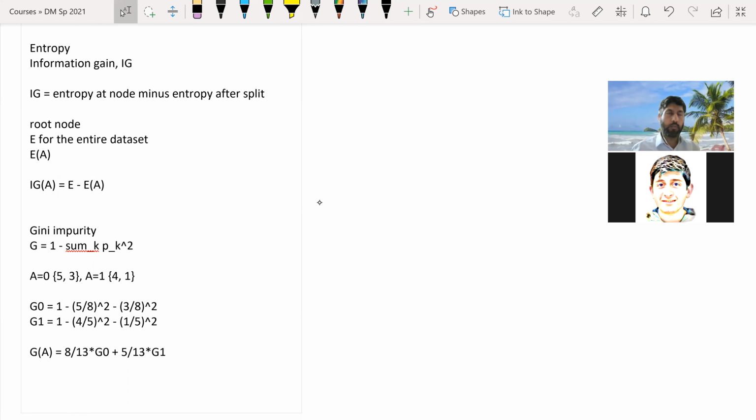So these are the two, you can say, basic measures from information theory that are used for the splitting criterion. Entropy, and of course entropy or information gain same hai, simply iska usage reversed hai. And then Gini index or Gini impurity.